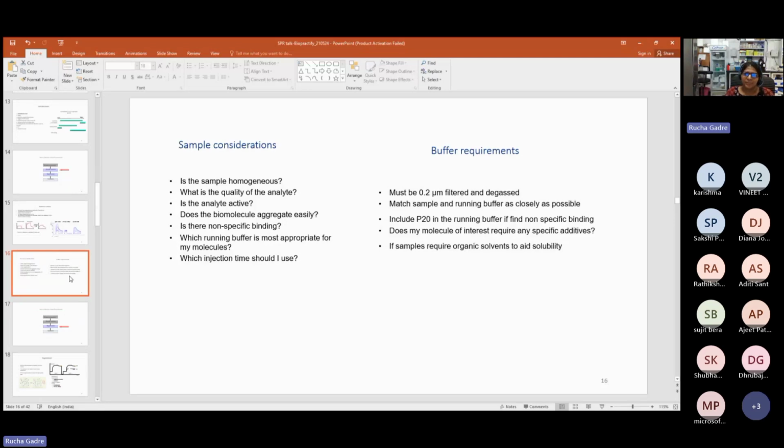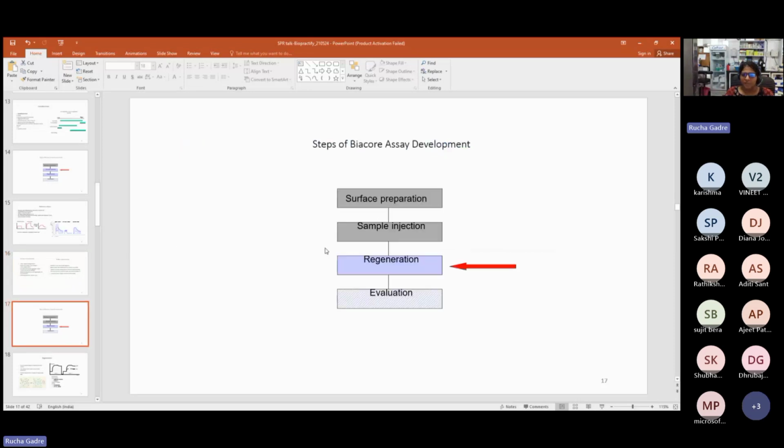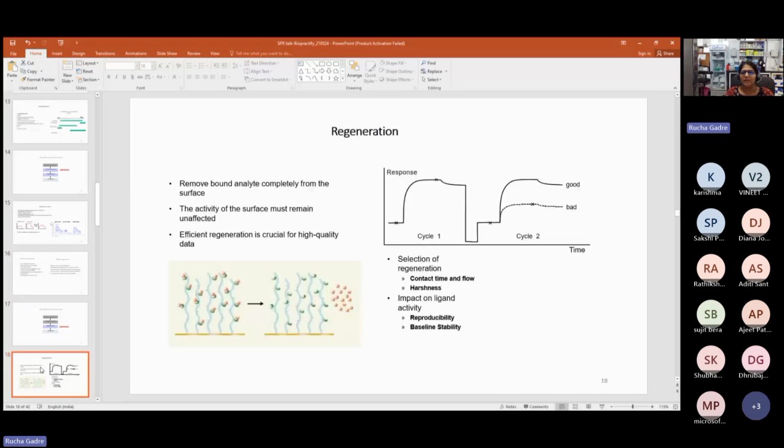Now the first step was immobilization, and after immobilization of the ligand, we passed the analyte, that is the binding step, and the third step is regeneration. As we were discussing, in the first step the ligand is immobilized on the chip, then the analyte is flown, and then buffer is flown so that the analyte will come off.